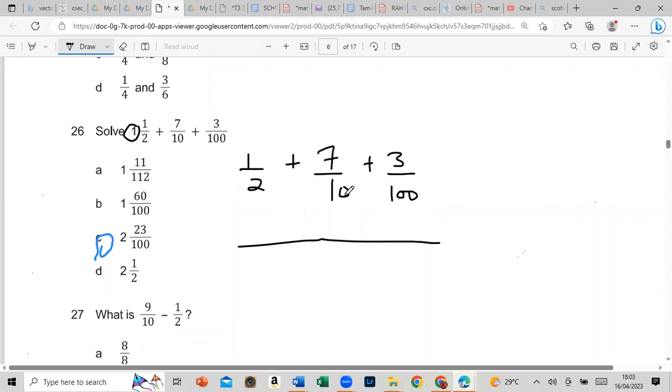100. That is it, because 100 cannot go into 2. So the LCM would be 100. Then 2 into 100 is 50 times, so we multiply by 50.